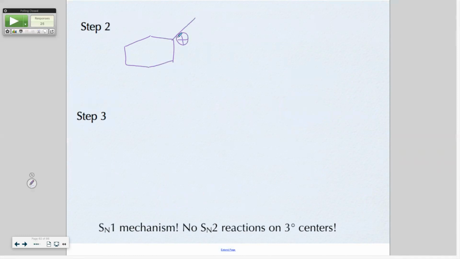Okay, so what happens in step 2? Remember where we're going. You wrote down that structure, right? Okay, so what have I got? Doesn't matter how you draw it. If you wrote it out nice and pretty, that's just fine.